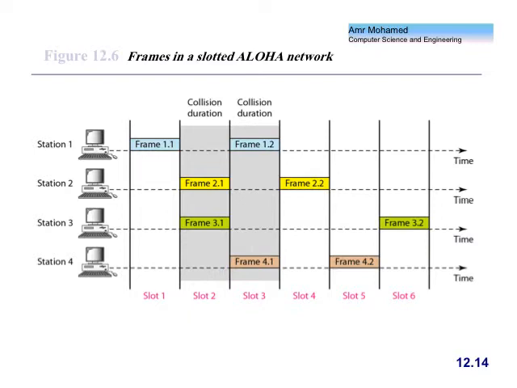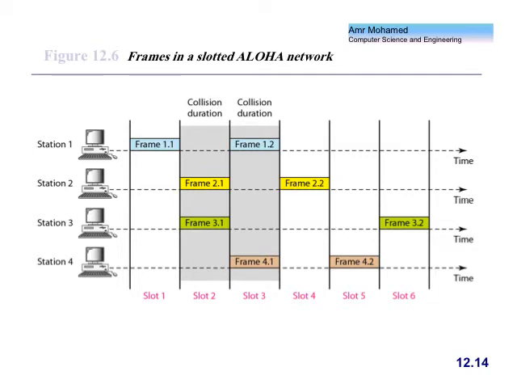We have analyzed ALOHA, and we have noticed that the probability of collision is really high, and the vulnerable time is twice the transmission time, which is really large.